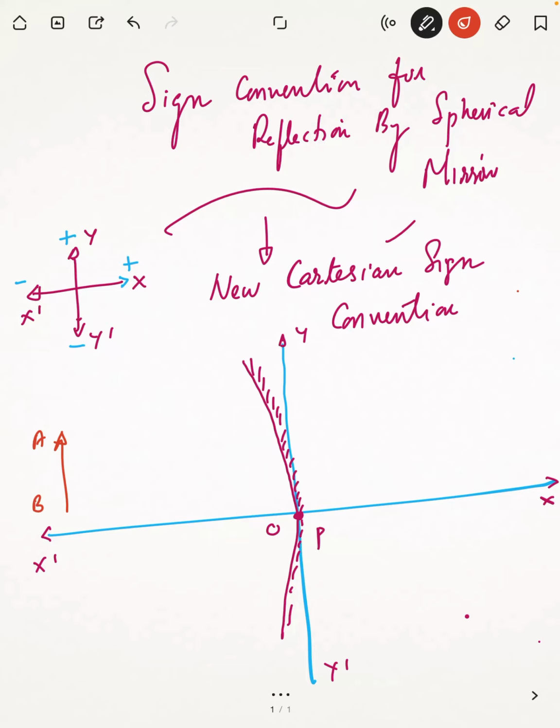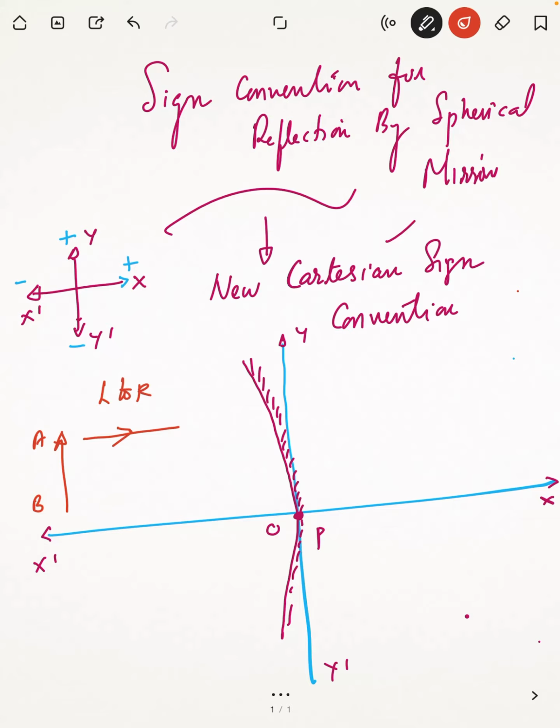The light rays will come from the left side to the right side and be incident on the mirror. So rays of light coming from the object travel from left to right and are incident on the mirror in this way.